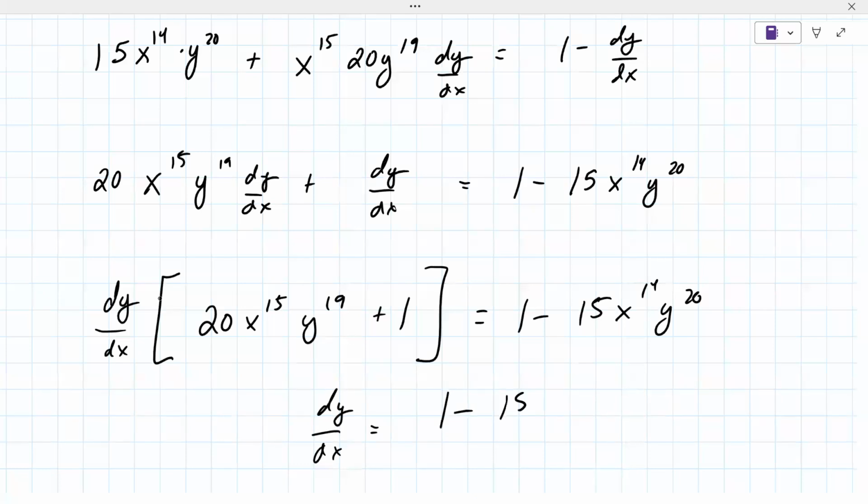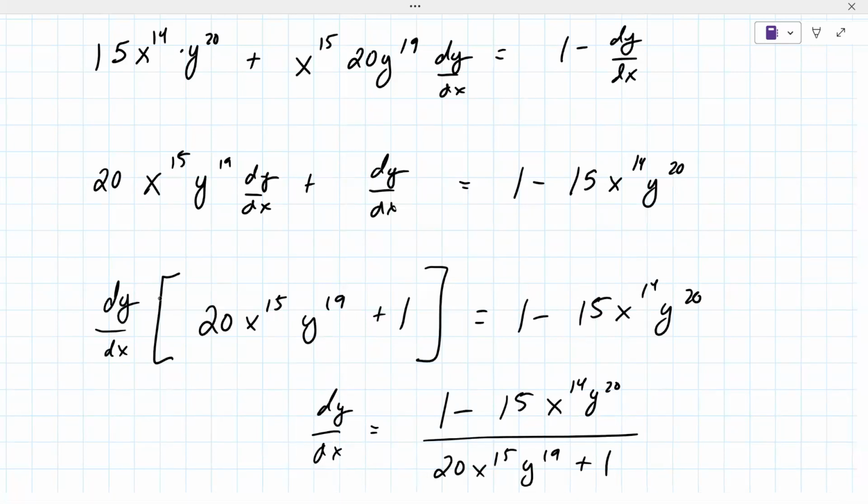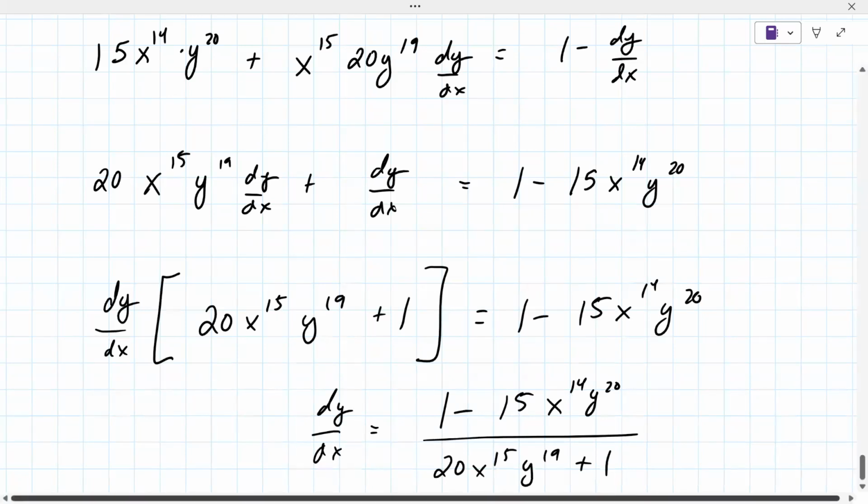Dy dx out. And then 20 x to the 15th y to the 19th equals 1 minus, plus 1. Okay, yeah.